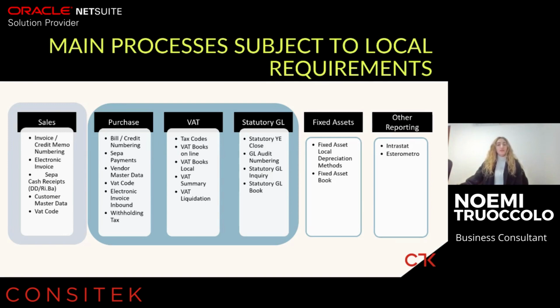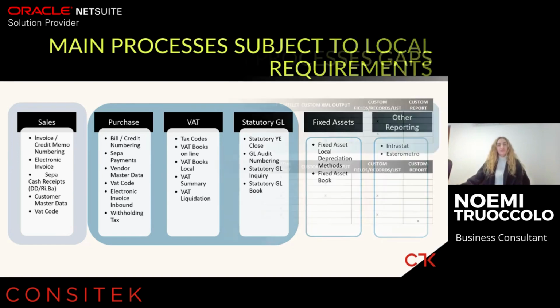For the VAT, we have the tax codes, VAT books online, VAT books local, VAT summary, and VAT liquidation. Under the statutory GL, we find the statutory year clause, GL audit numbering, statutory GL inquiry, and the statutory GL book. On the fixed assets side, we can see the fixed asset local depreciation methods and the fixed asset book. And then we have the Intrastat and the Esterometro.